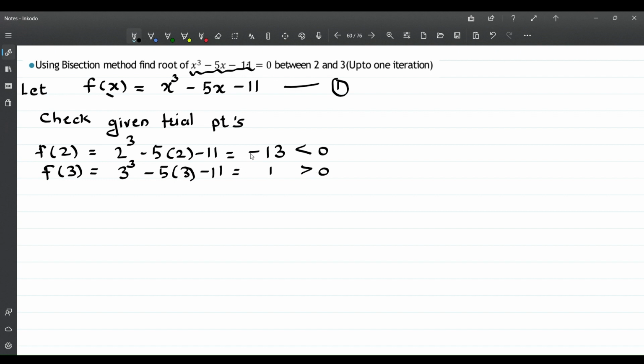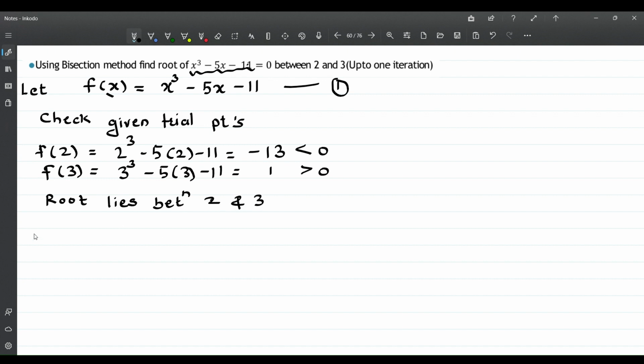So the answer is negative and positive. Therefore, the root lies between 2 and 3.